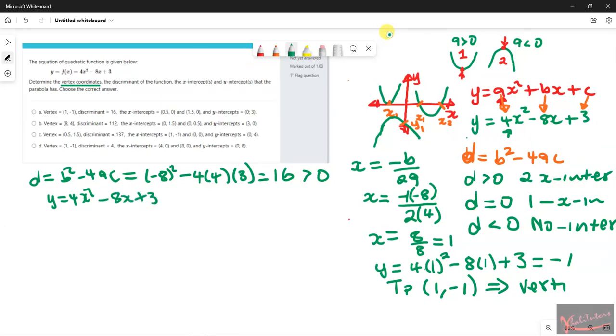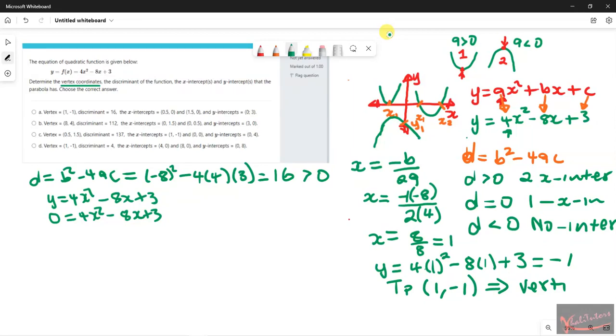We know that at the x-intercept, y is equal to 0. So we're going to substitute 0 here, equating that to 4x squared minus 8x plus 3. I hope all of you are able to factorize. You simply have to factorize this.